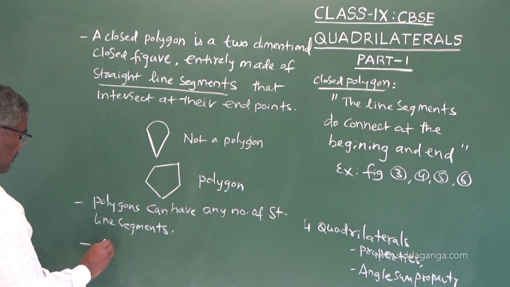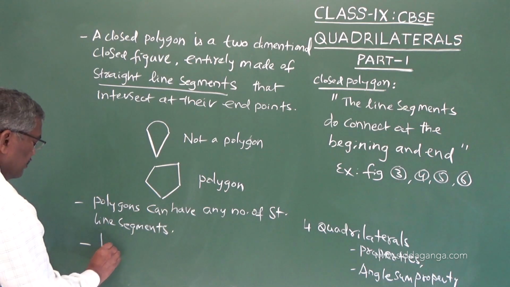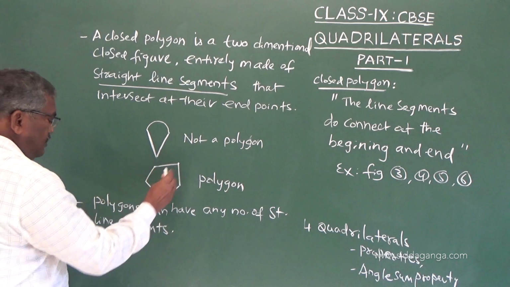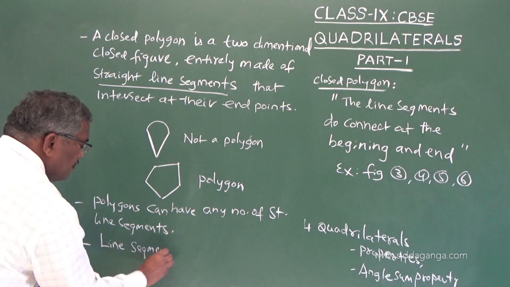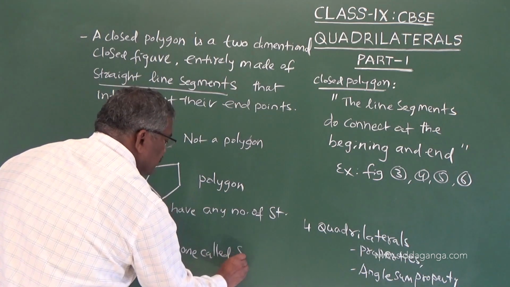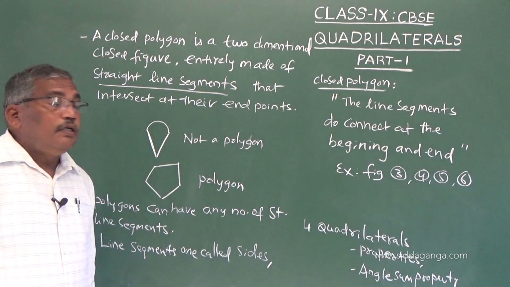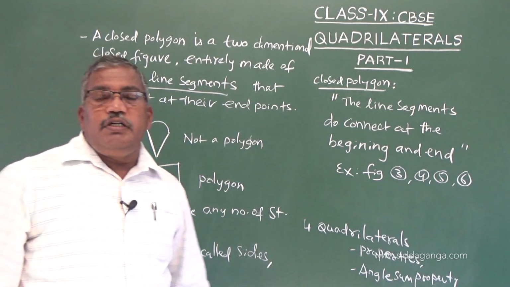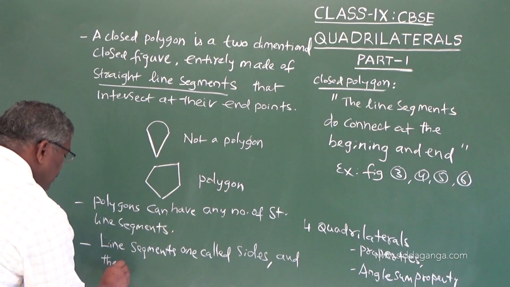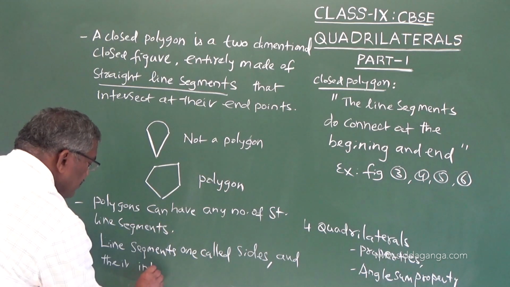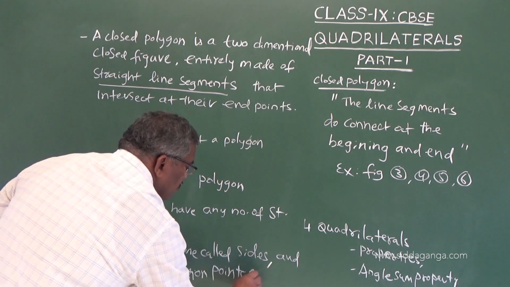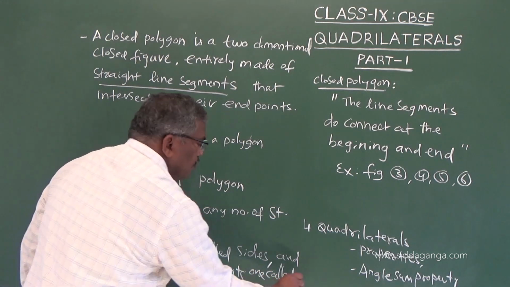These line segments are called the sides of the polygon, and the intersection points are called vertices.